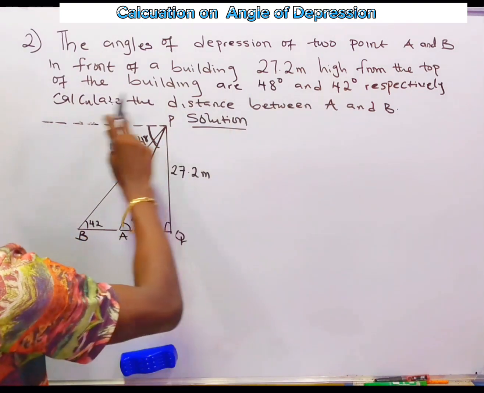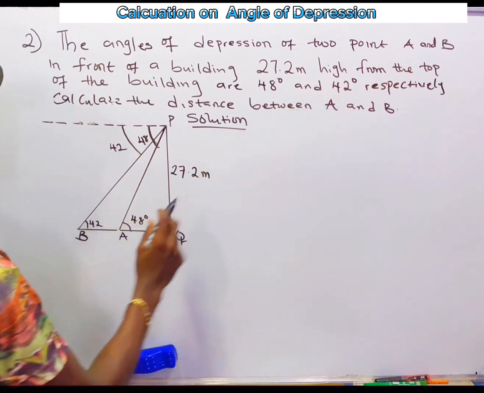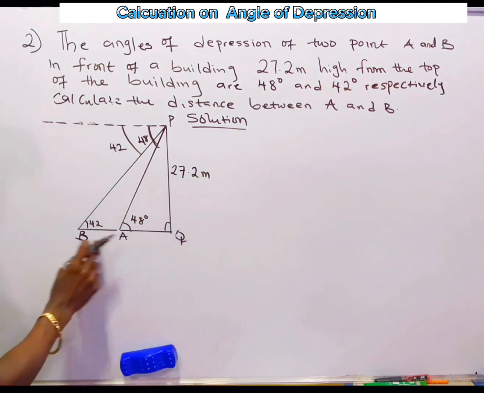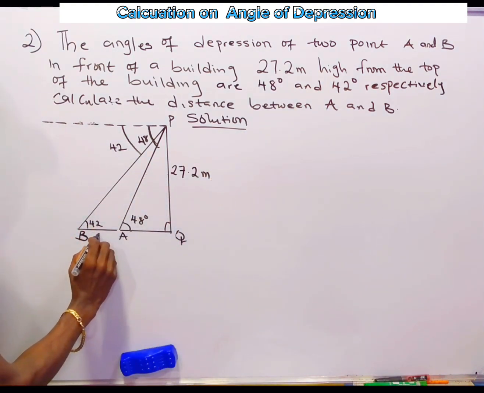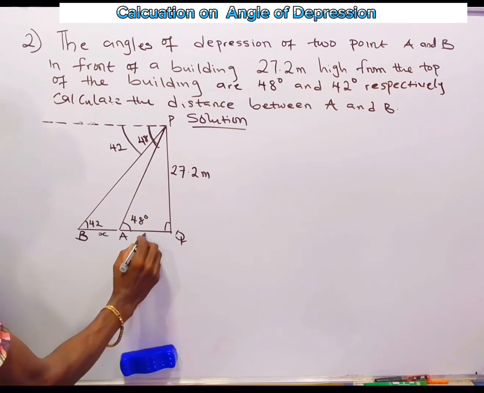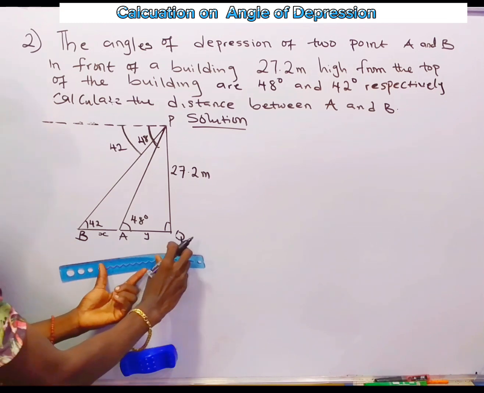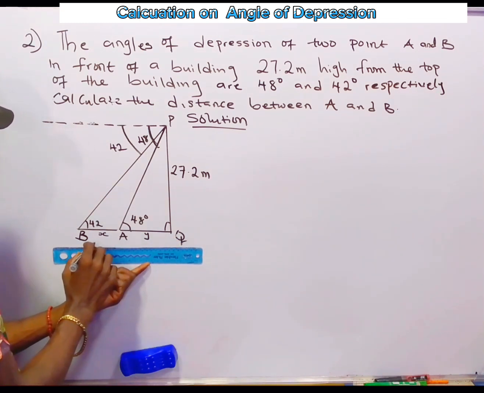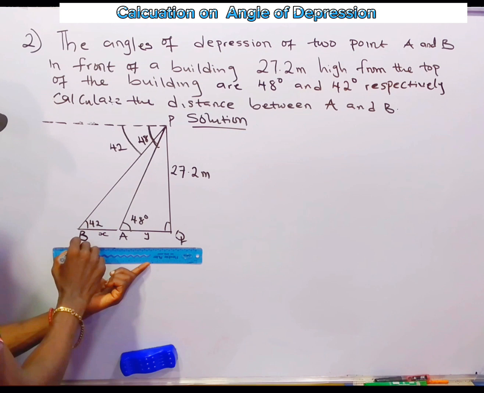However, we are asked to calculate the distance between A and B. Distance AB, let's call it X, and distance AQ, let's call it Y. And the overall distance from B to Q, we are not given.